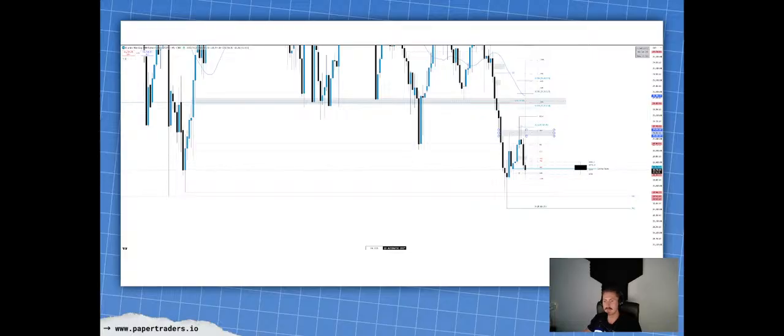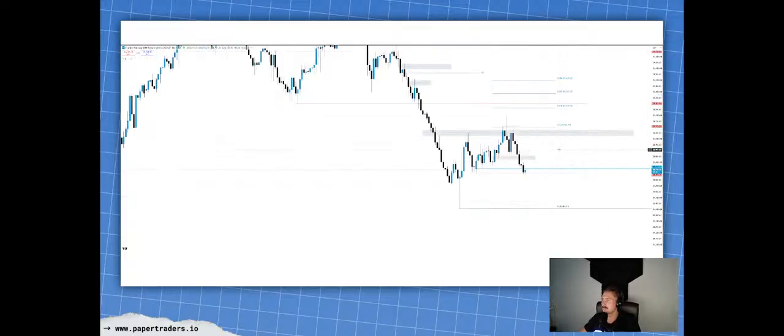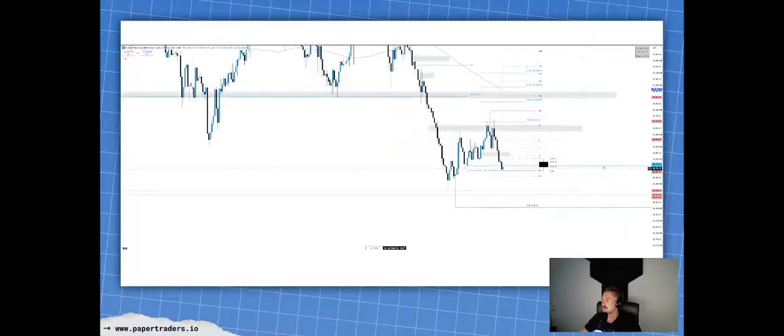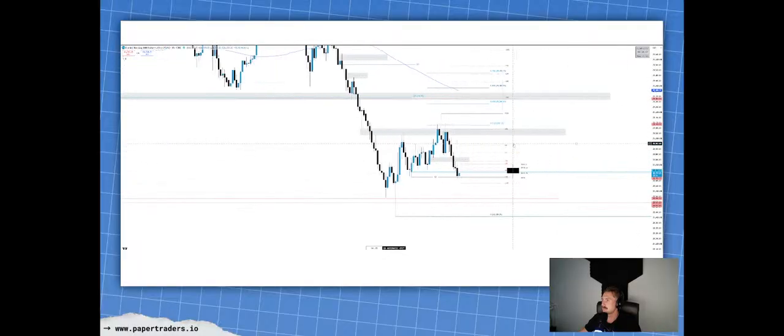On the hourly, what we were looking at was essentially very similar. We were looking at a potential outside hour going into the New York session, which we did get.